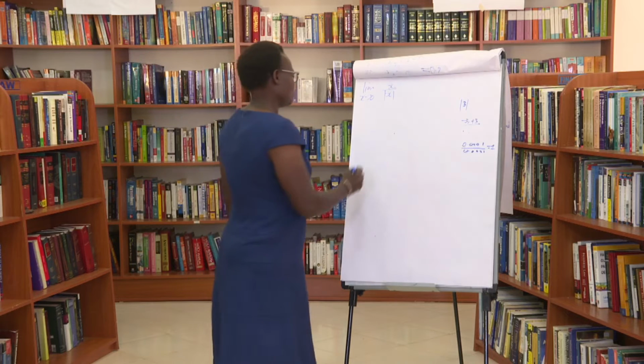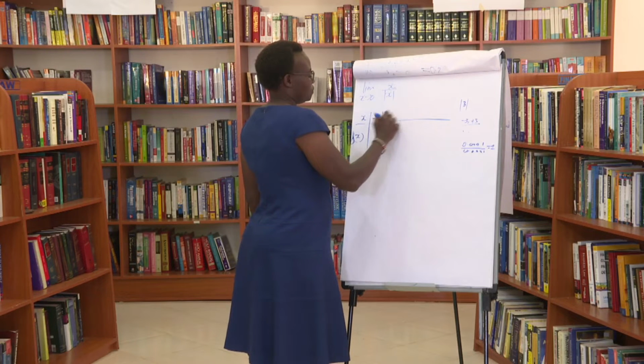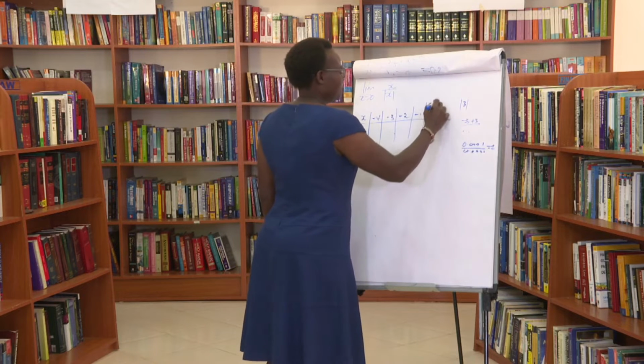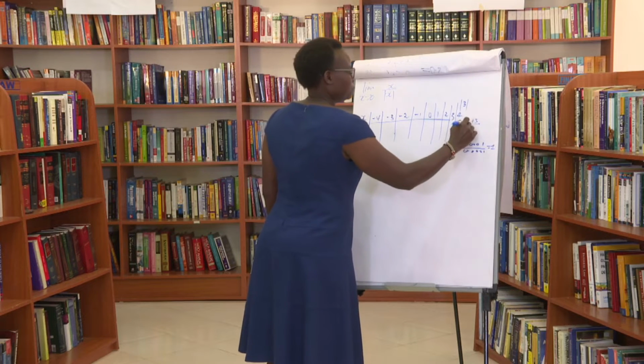So we can use x and f of x. Here we can use -4, -3, -2, -1, 0. Then on the other side we use 1, 2, 3, and 4.